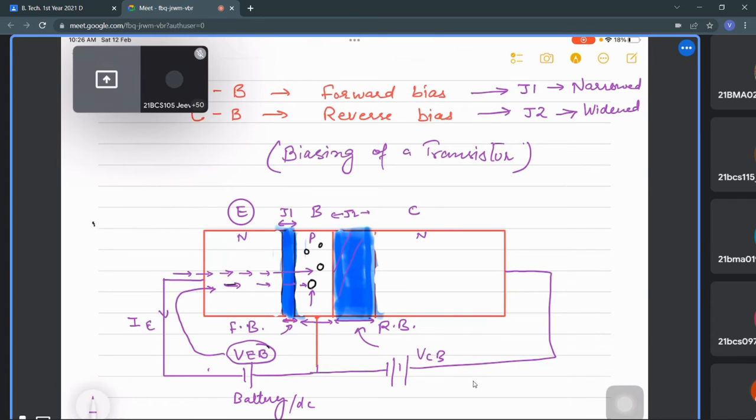Because of the depletion region, the base width is anyway the smallest. So these electrons will move towards the collector; few of them are recombined with the holes and make the bond, and the rest of them go towards this. So whatever electrons are here, because this is positive, it is definitely going to attract them like this.